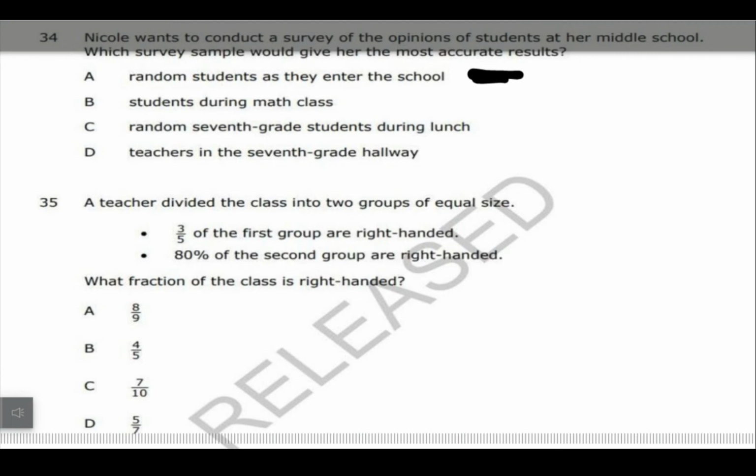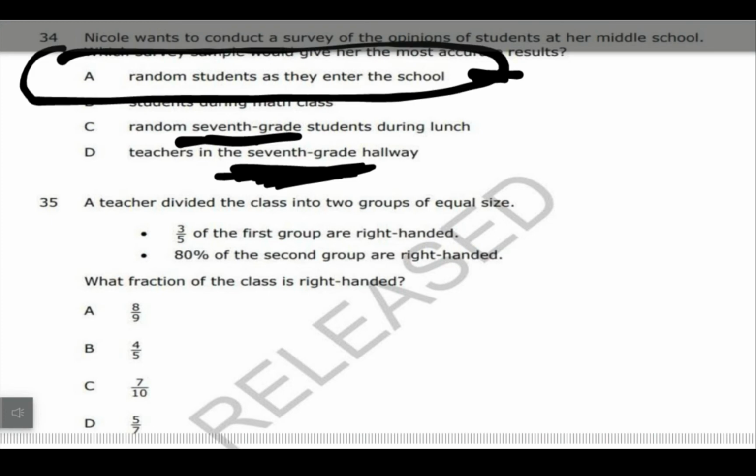If we're looking at C, that's only 7th grade students, so again, not a very good variety. And if we're looking at teachers in the 7th grade hallway, that's again only one specific grade level. So this is probably the best because it's random, and as people enter, there's going to be different people from different grades. So A would be the best survey for that.